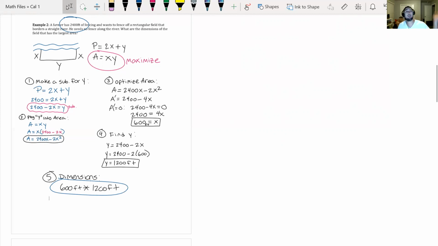And once you do that, you plug it in, you get it all in terms of the one variable, take the derivative, solve for x, solve for y, whatever variable you're given, find the other variable, boom, that's it. So that's how optimization works. Okay, let's keep going.